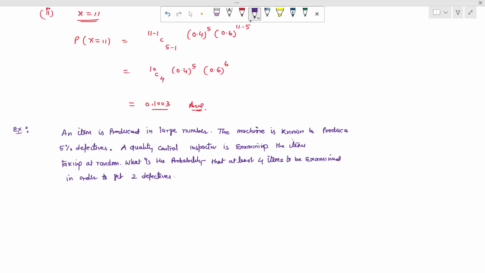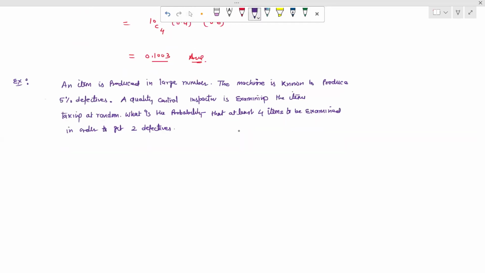Two defectives. So here you can see that first probability is given. Probability is 5% for defective items, and success is given, two defectives in at least 4 items to be examined.